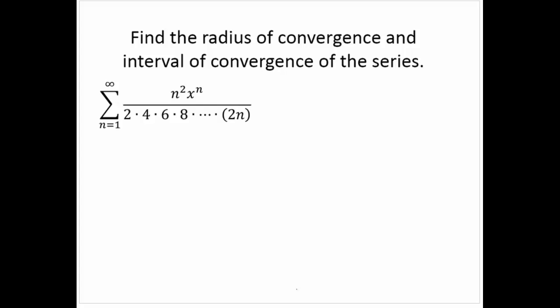All right, so here's what I would notice. This denominator, we've not dealt with something like this before, but what I would see is that 2 is 2 times 1, 4 is 2 times 2, 6 is 2 times 3, 8 is 2 times 4, and so on, and then the last factor is 2 times n.